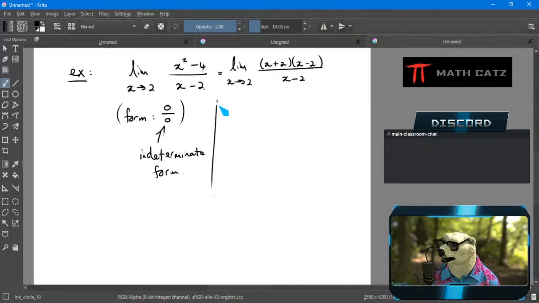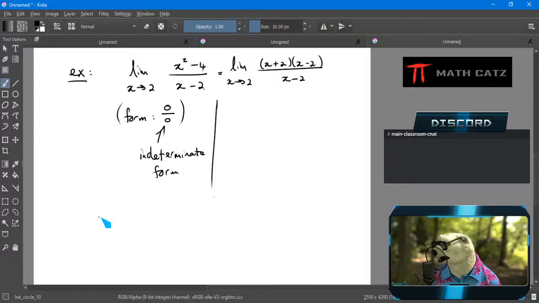Okay, so now what is this telling me here? This function I can see a little bit more clearly that the x minus 2 factor appears at the top as well.